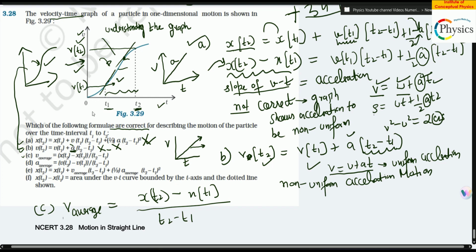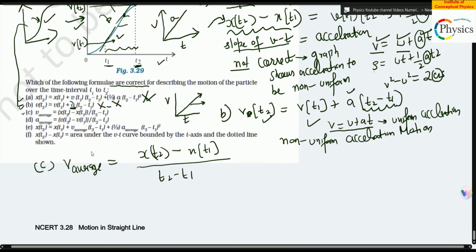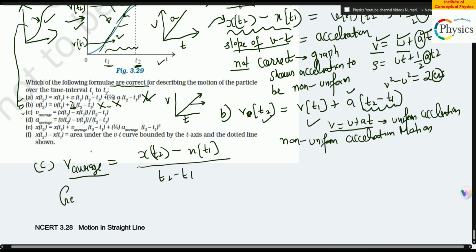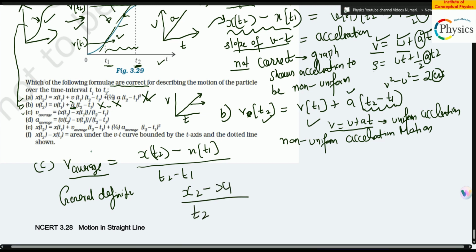This VT graph is not given in terms of position and time, but we know the general definition of average velocity. It is the final position minus the initial position upon the final time minus the initial time. So this is delta t. This is the general definition of V average.